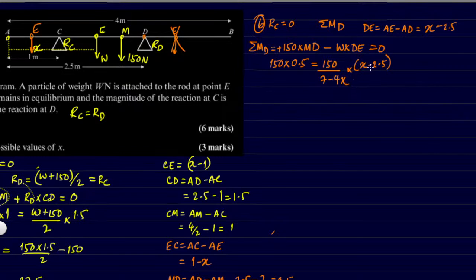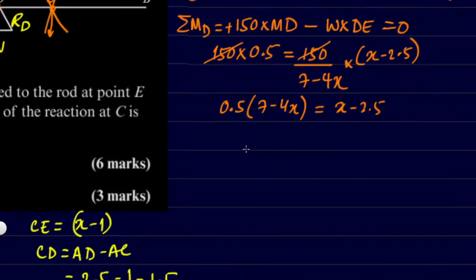So now we need to find the value of X. So 150 will cancel. 0.5 times 7 minus 4x equals x minus 2.5. So here find the value of x.